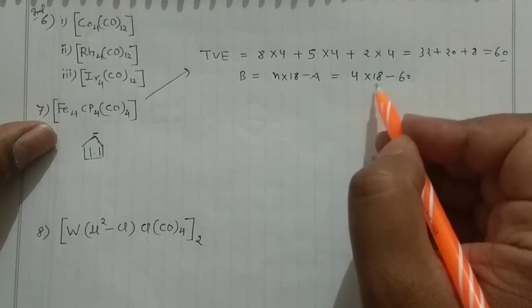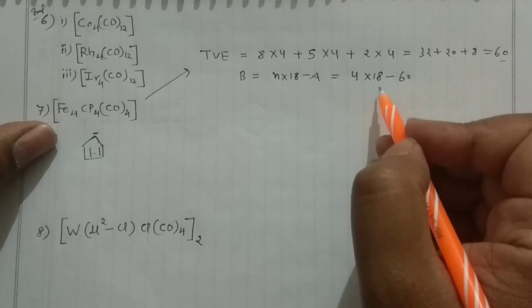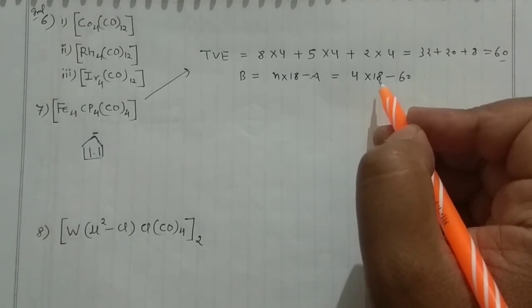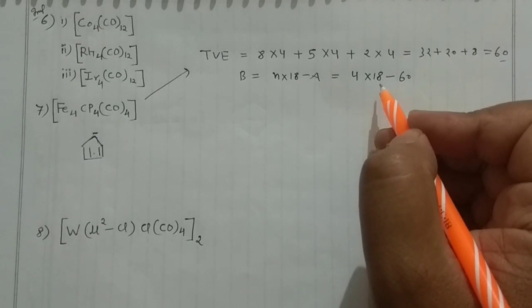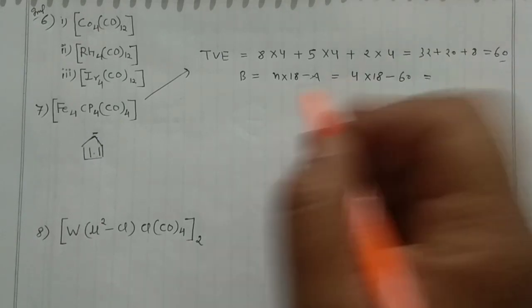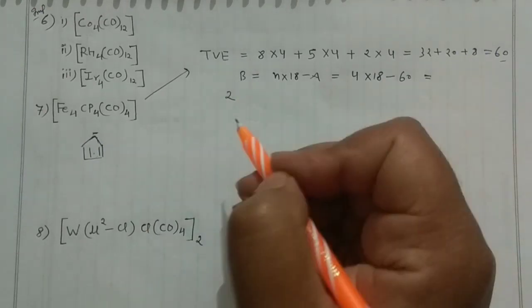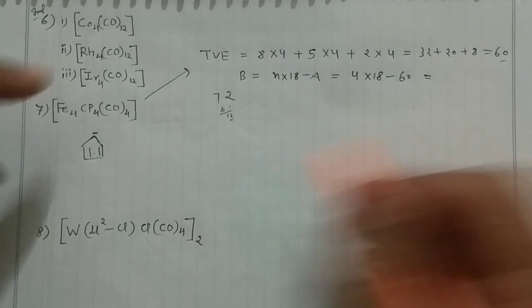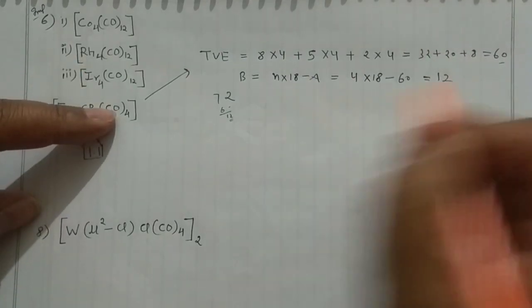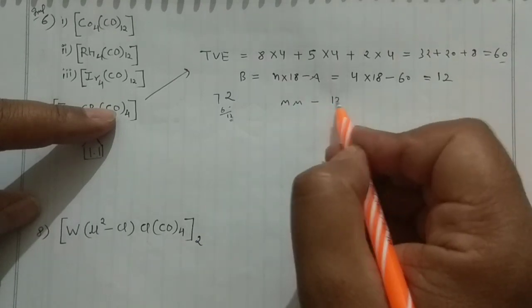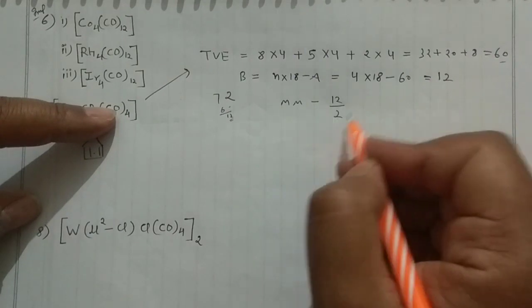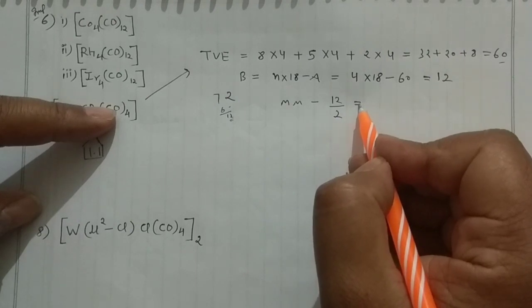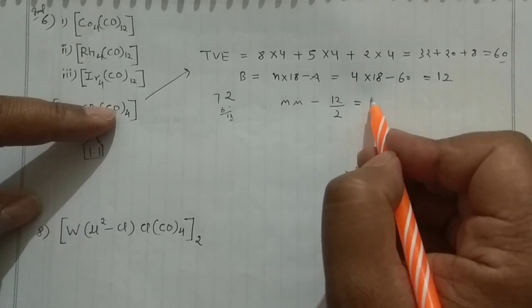So it will give you 12. Your metal-metal bonds are half of 12, that is 12 by 2, which gives you 6.